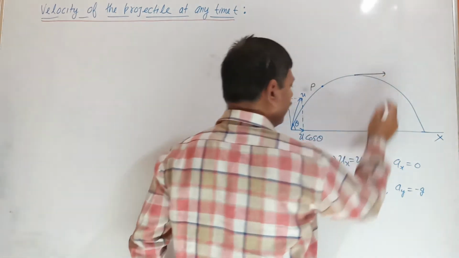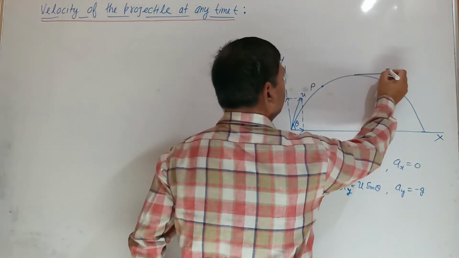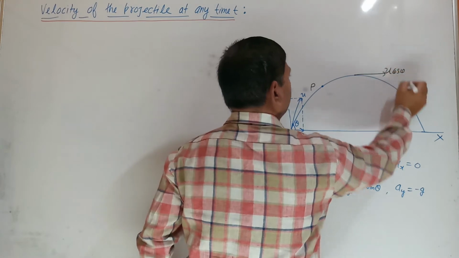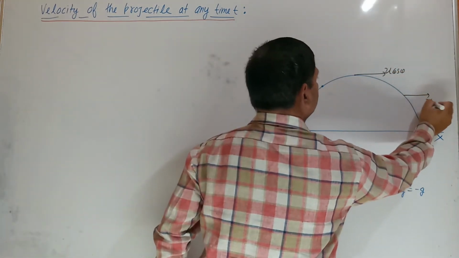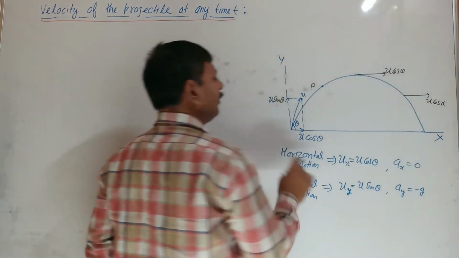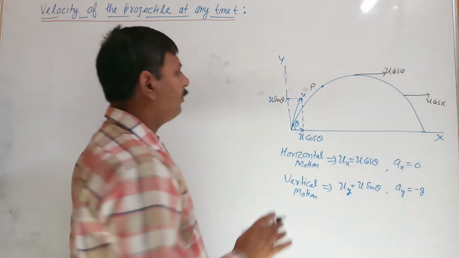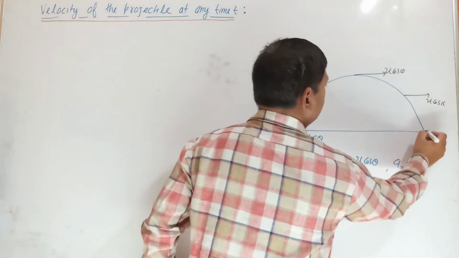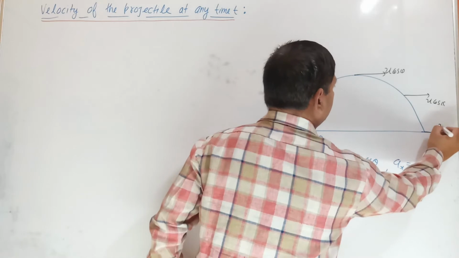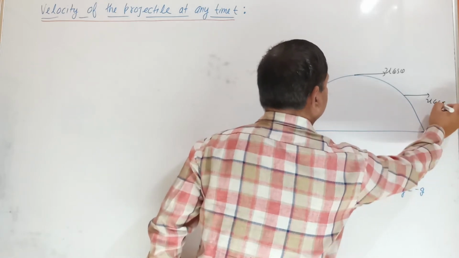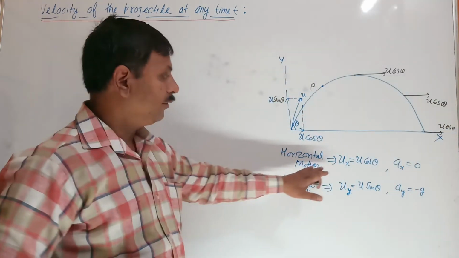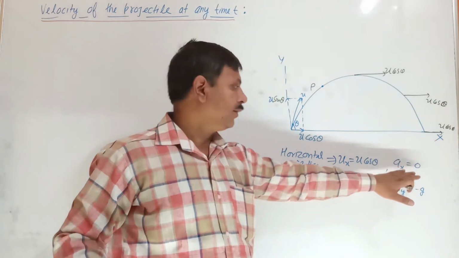Here also the horizontal component will be u cos theta, at this point also u cos theta, at each and every point the horizontal component will be the same.